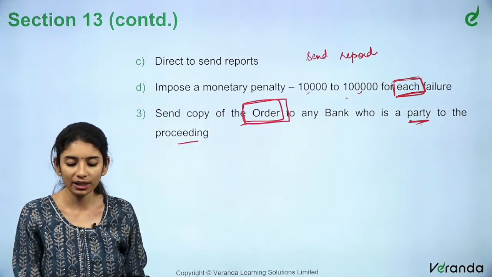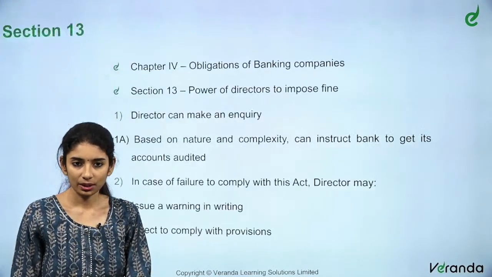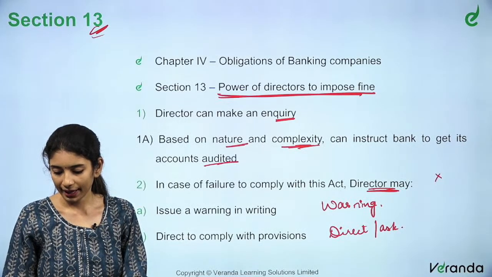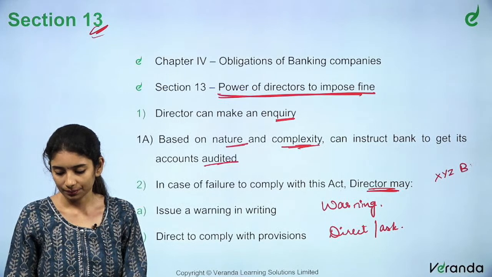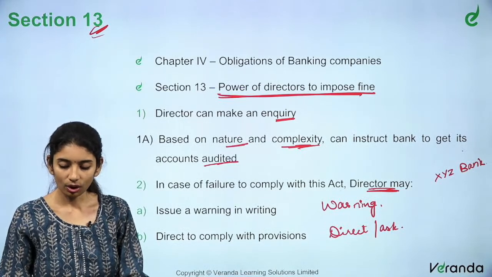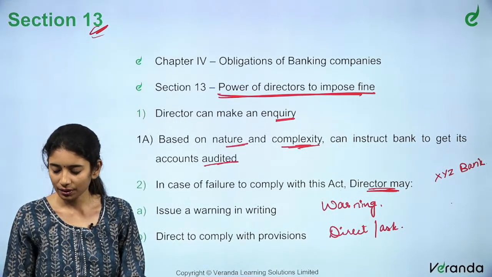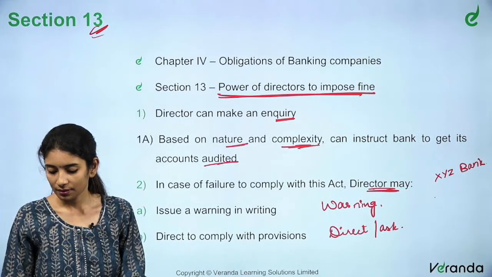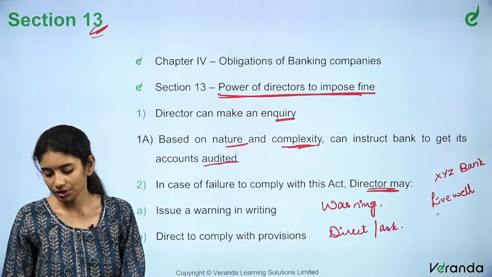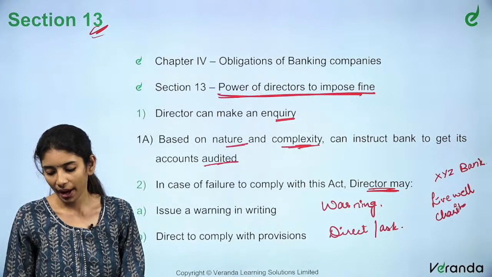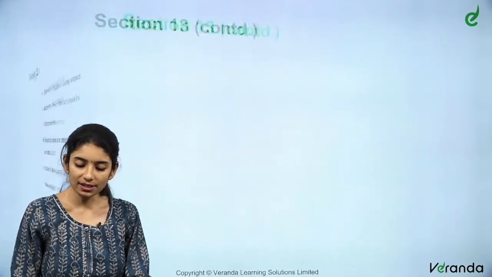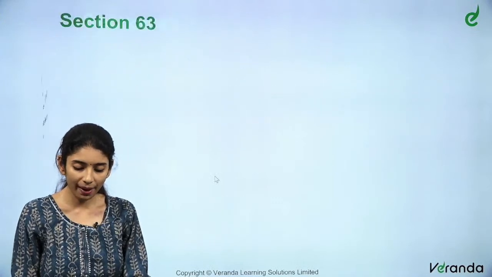Say I am dealing with XYZ bank, and I ask a question on the transactions in the books of Live Well Charitable Organization, who has an account with XYZ bank. So now I will send an order to Live Well and the bank both. Clear?